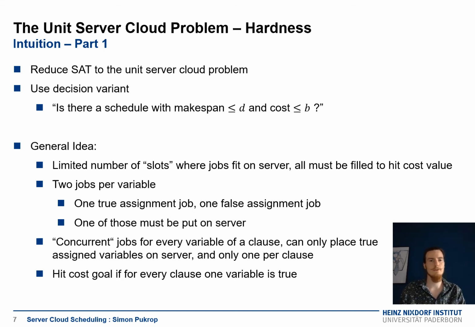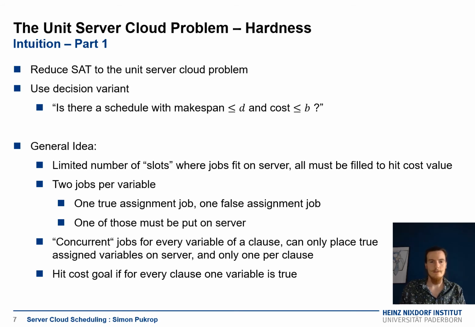And we will have 2 jobs per variable, and one of them is a true assignment, one is a false assignment. Basically, we have something like X and not X, and one of them has to be put on the server, the other one has to be put on the cloud. One of them will stand for the true assignment, the other for the false assignment.